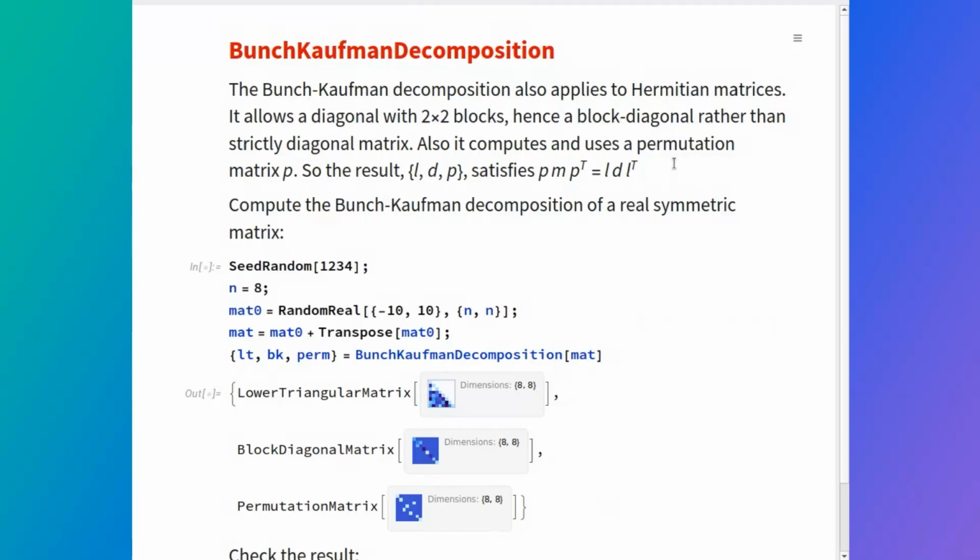It's easier to use that in a way that keeps the conditioning of the result reasonable. It doesn't blow up the condition number the way an LDL decomposition might.